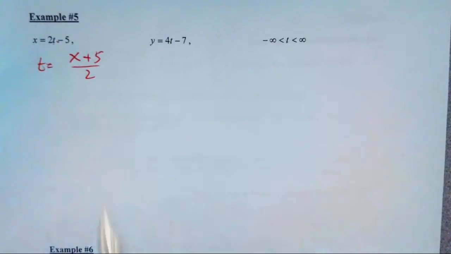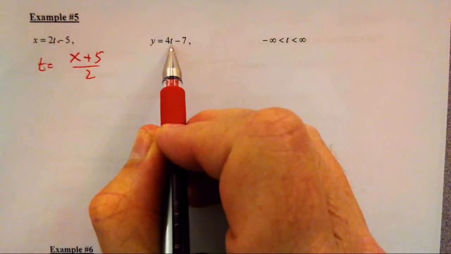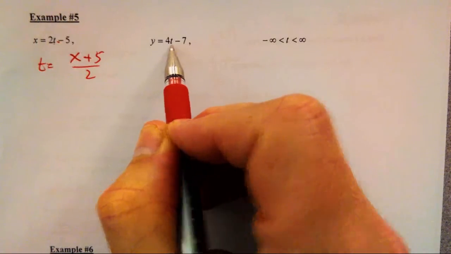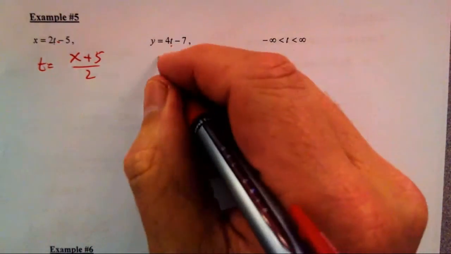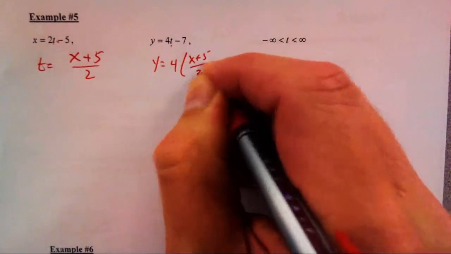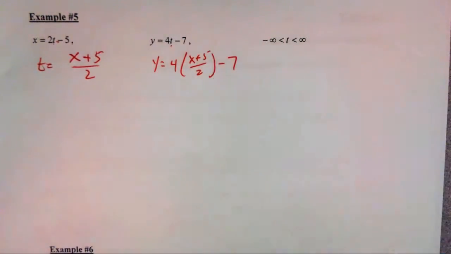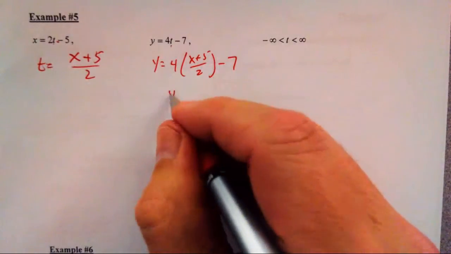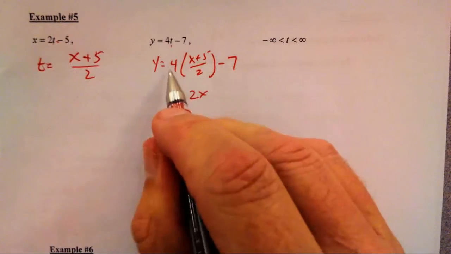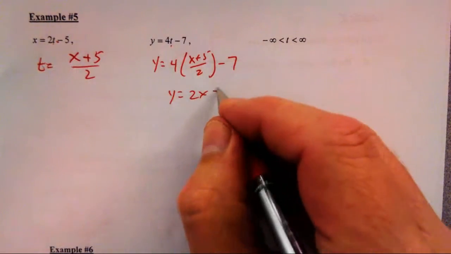That's where we're comfortable. I'm not comfortable with this t here. If only there was some way to replace it. I've got a replacement: y equals 4 times (x plus 5)/2 minus 7. So y equals 2x plus 10 minus 7, which is 2x plus 3.